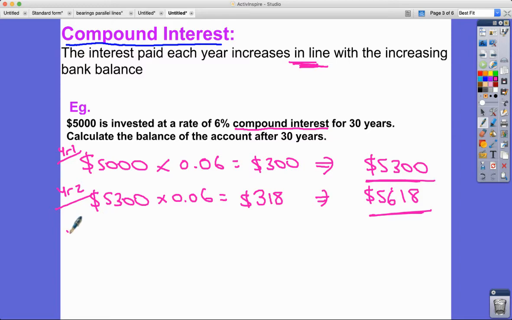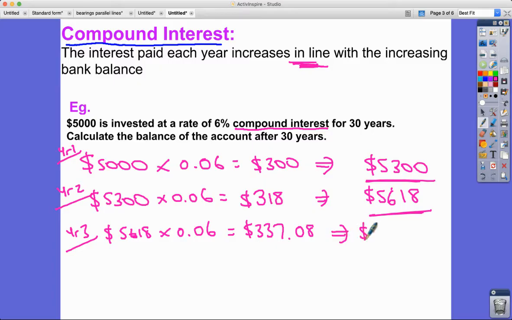Year three, 5618 times 0.06 is equal to 337.08. So my balance now is 5955.08. Now, I'm not going to sit here and do this for 30 years.